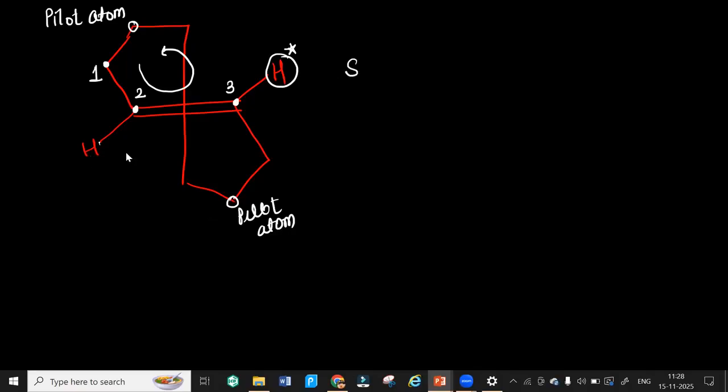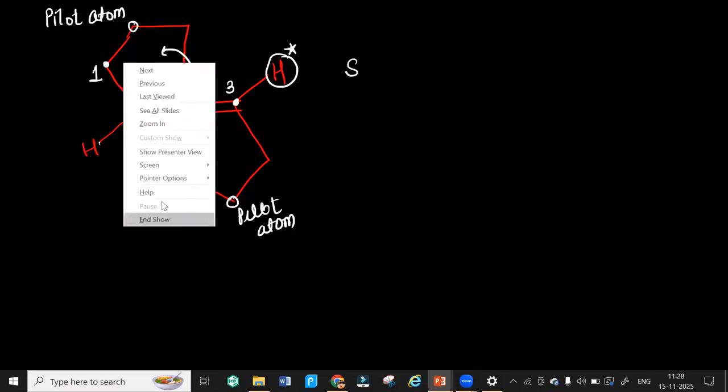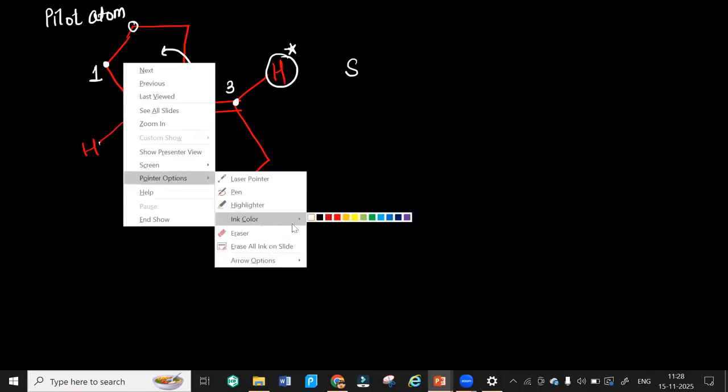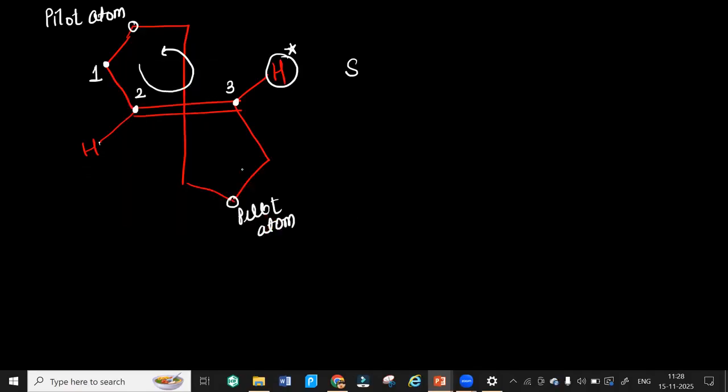Whenever I have to find out R and S configuration for the downside carbon, the downside hydrogen, where is the pilot atom? This is the pilot atom, and we have to find out the shortest route. Now I am going to find this one. This is the first, this is the second, this is the third, and on the third there is a group where we have to find out R and S configuration.